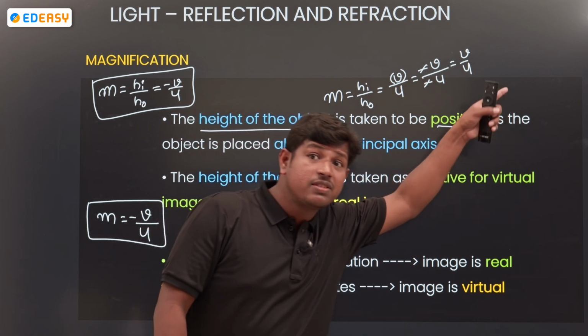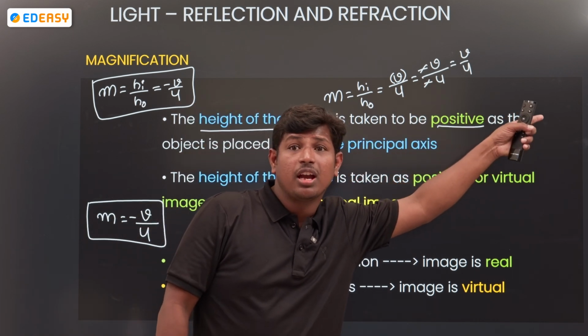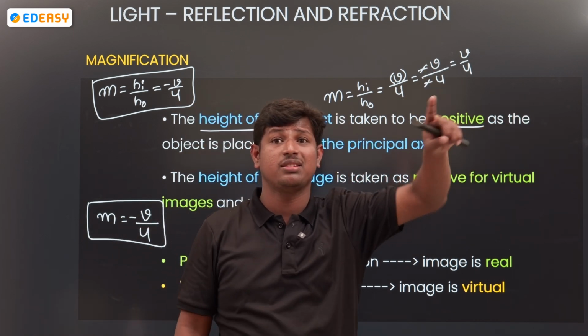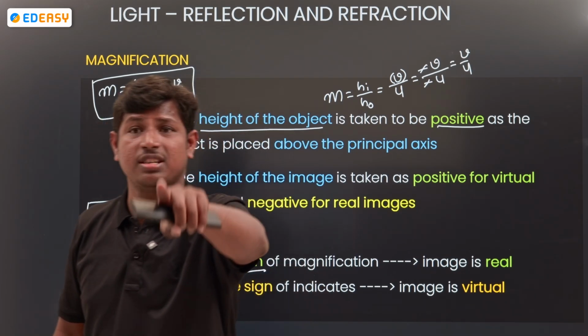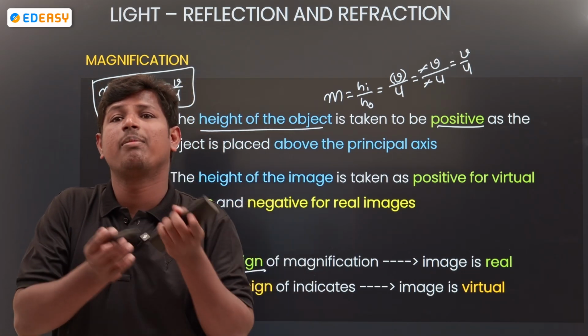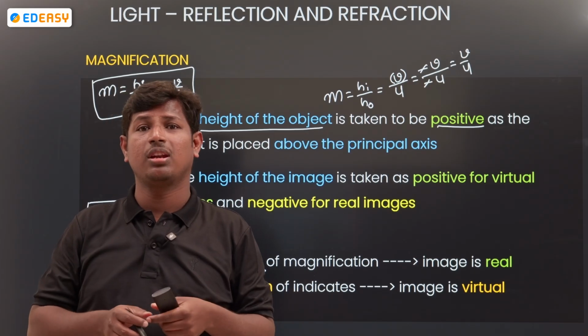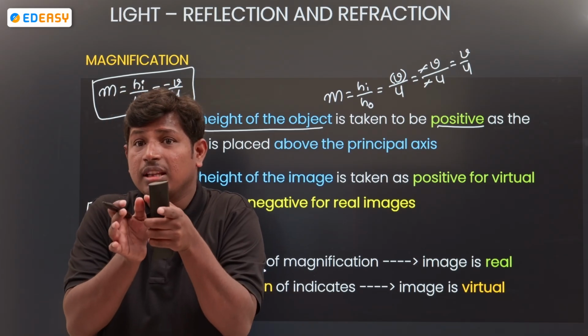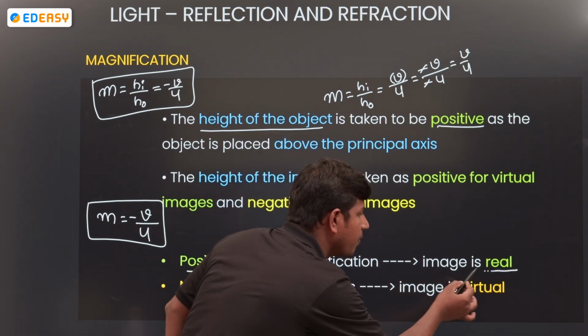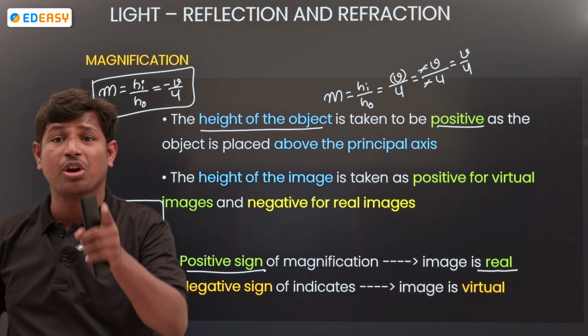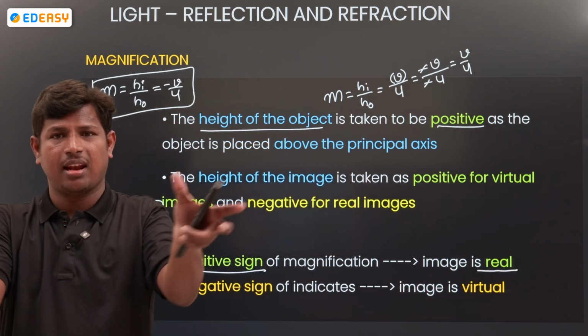When the object distance is minus, in a concave mirror the object distance we always take minus, and the image distance in this case is also minus. So minus by minus gives positive. If you get a positive sign in magnification, the image is real.